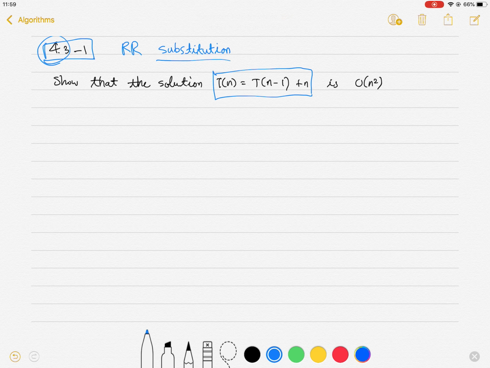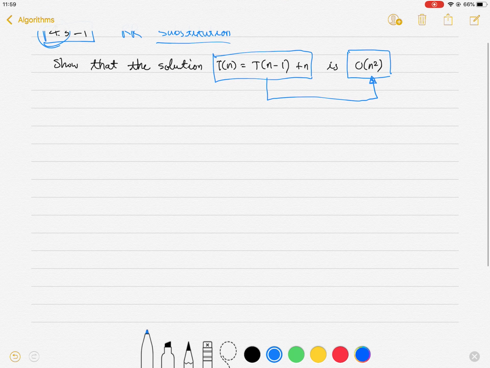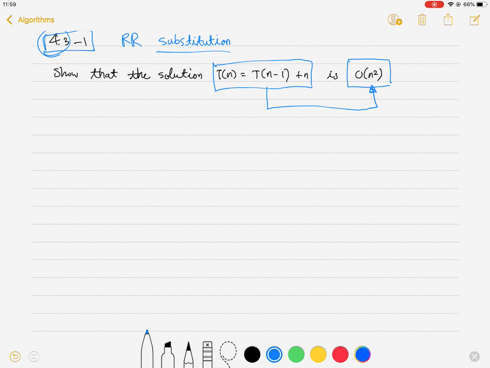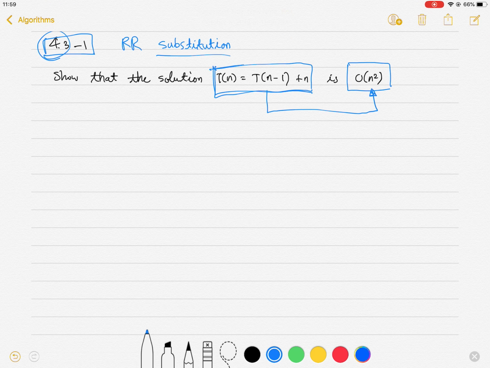The solution is already given to us, which happens to be big O of n squared. So what we're trying to do is show the necessary steps and prove that the solution to this recurrence relation is big O of n squared.